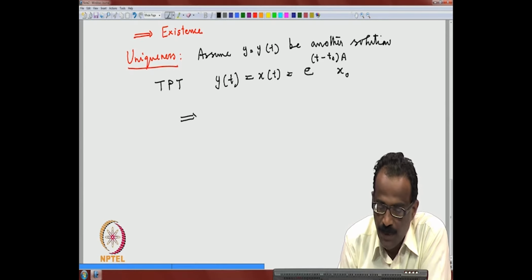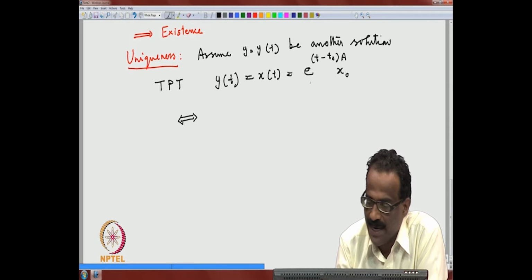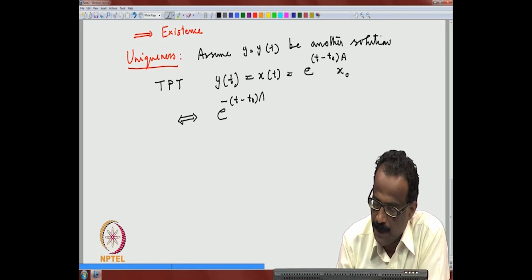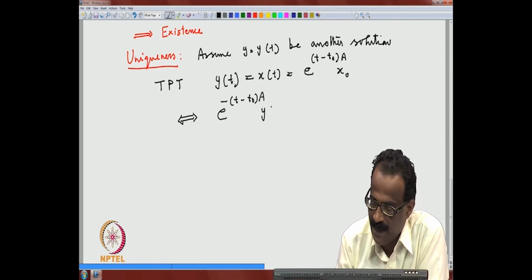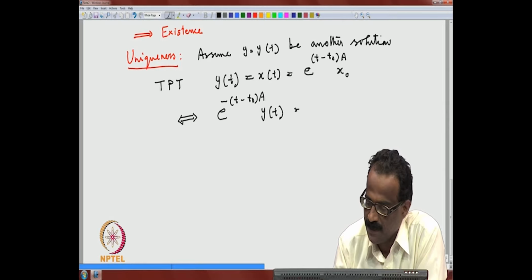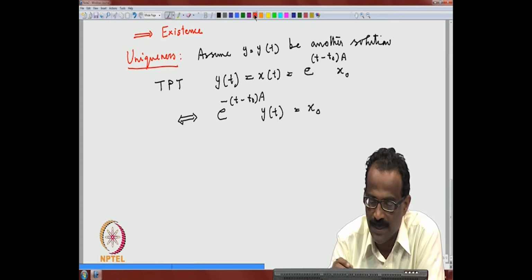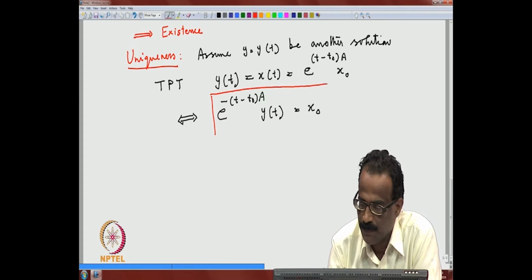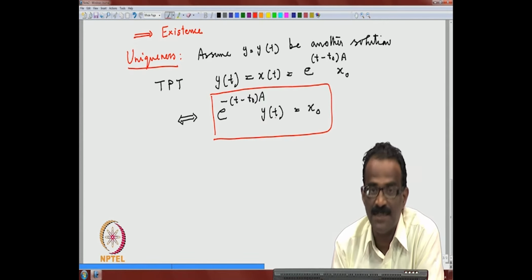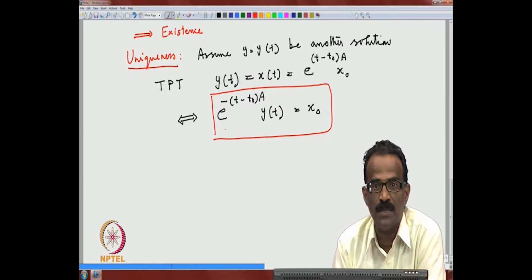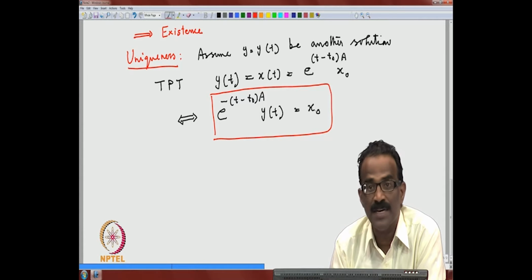Equivalently, proving this is equivalent to taking this out: e power minus of (t minus t naught) into a times y t, taking that to the left side, is equal to x naught. That means the left side is a function of t, and the right side is just x naught, which is a constant. So, you want to show that the left side is a constant and that constant is nothing but x naught.